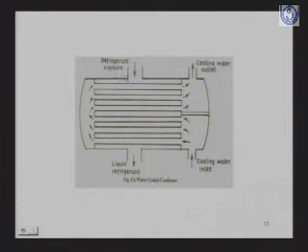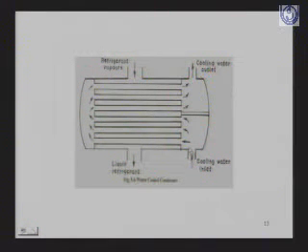Now what happens in water-cooled condensers: instead of air, the water is flowing through the system and it is cooling the refrigerant. So you can see refrigerant vapors and the liquid refrigerant is coming out, and this is the flow of the water. Cooling water is flowing inside and then the hot water is flowing outside.